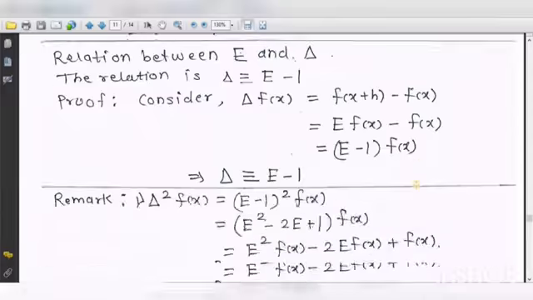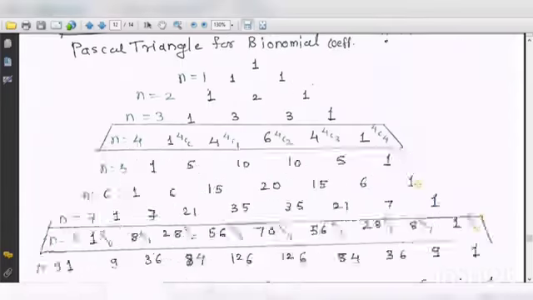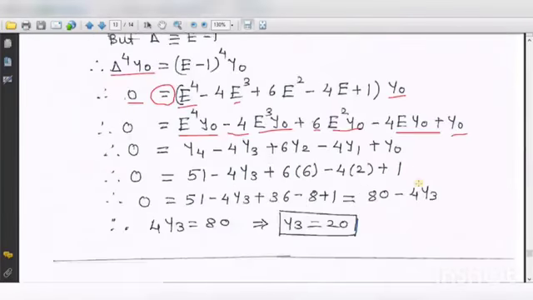So now let us go to this example. Here we want to obtain E raised to 4, so n equals 4 here. And what is the suffix of y? It is 0, so k equals 0.